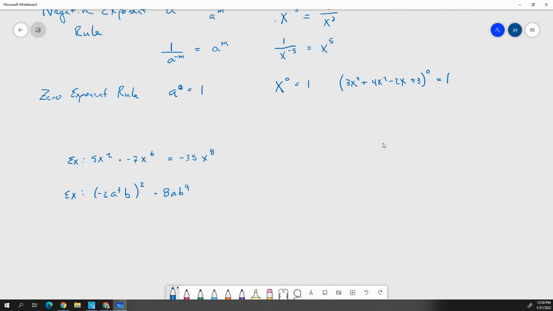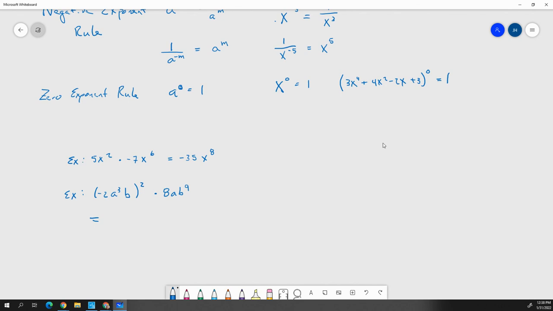This square goes to the negative 2, it goes to that a cubed, and it goes to that b. But here, when I have this b to the 9th, this 9th power only applies to the b because it's not on the outside of parentheses. It's only applying to what it's raised over, in the same respect that this a to the 3rd is only applied to the a, it doesn't apply to that negative 2, right?